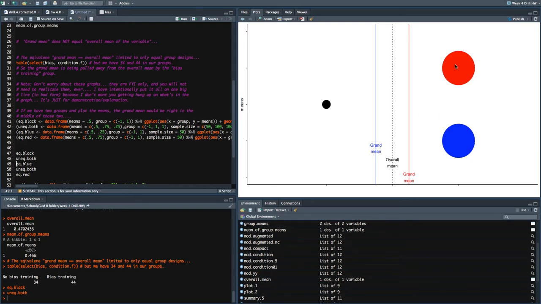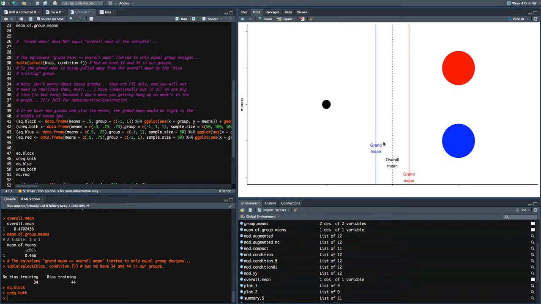But basically what this is visualizing is that if this group over here is bigger than this group over here, and right now let's just look at the red one, because this is bigger, when you take the average of these two groups, this being higher than this will disproportionately weight or pull the grand mean higher than the overall mean.